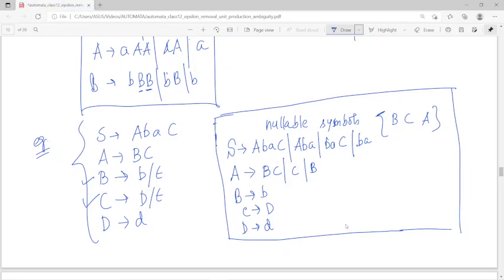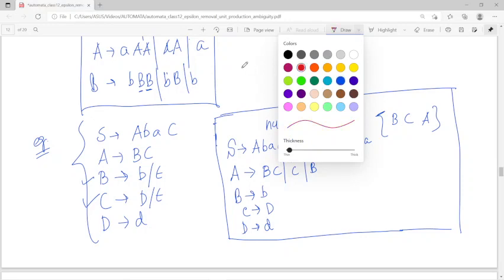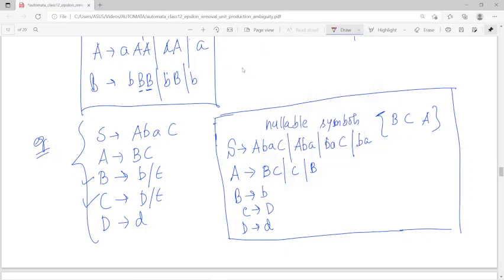Now just see that if we eliminate epsilon productions, we are including the unit productions, right? That is the problem. That means when you are eliminating the epsilon productions, A to B, A to C, and C to D, these three rules are unit productions, and you will also face the same problem with the unit productions, right?